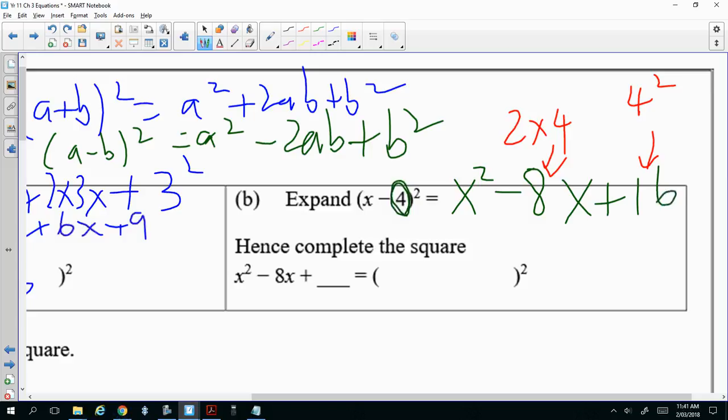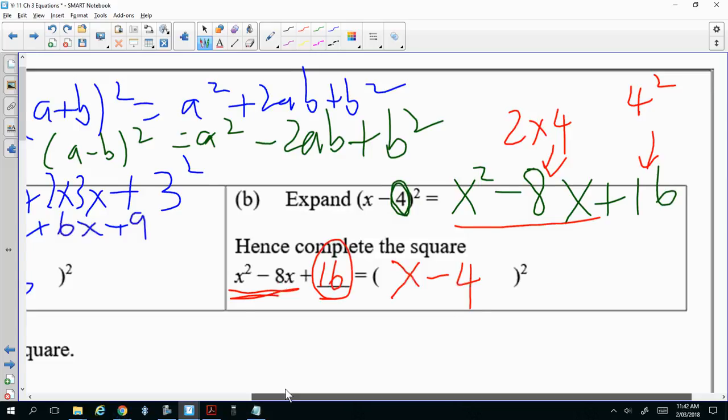Now clearly this part is identical to this part. So what's missing for it to be a perfect square? 16, isn't it? And that becomes (x - 4) all squared.